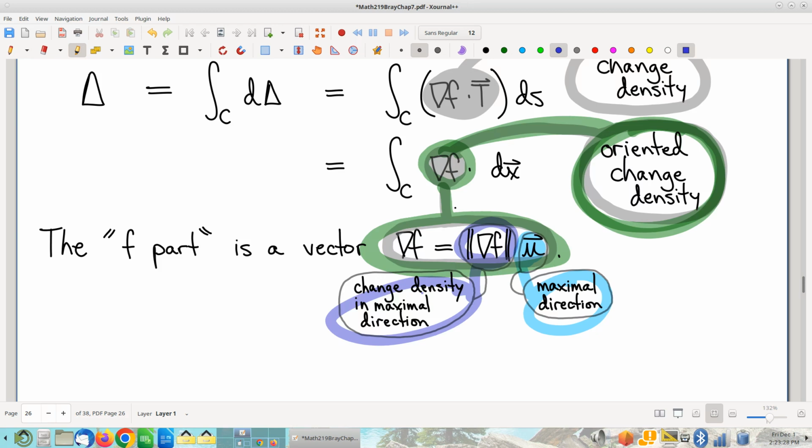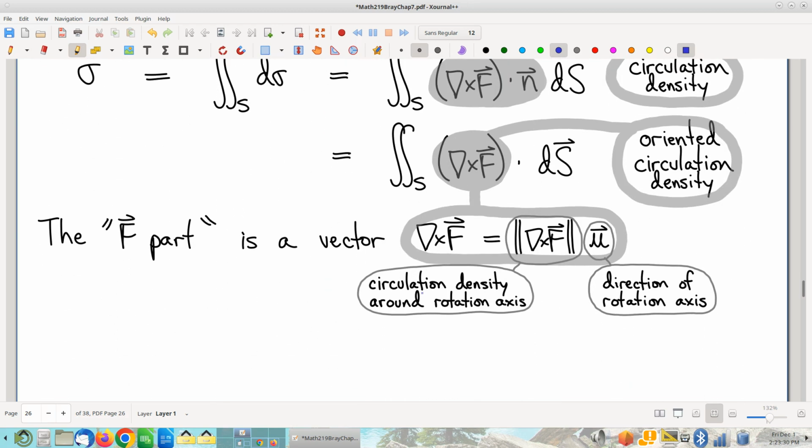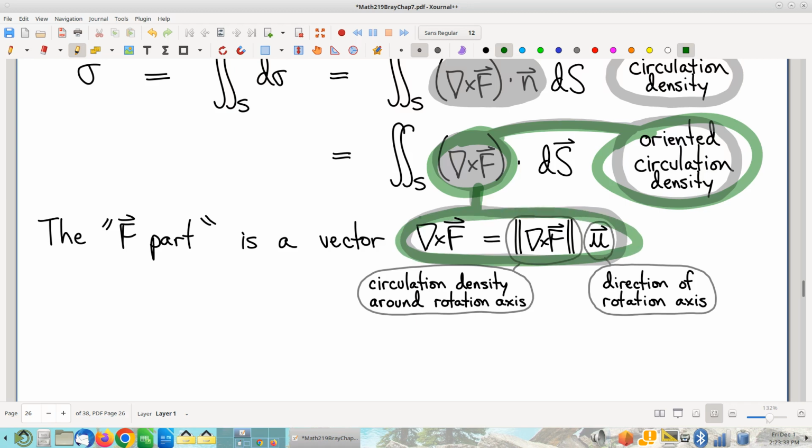So the exact same thing happens down here. If you look at your oriented circulation density, if you break it up into its direction and its magnitude, its direction is the direction that the fluid is rotating around. It's the axis the fluid is rotating around, you might say.